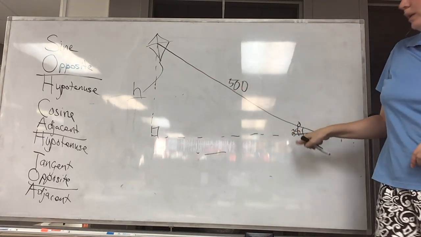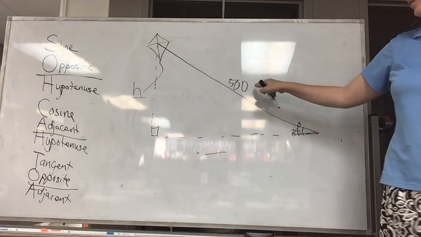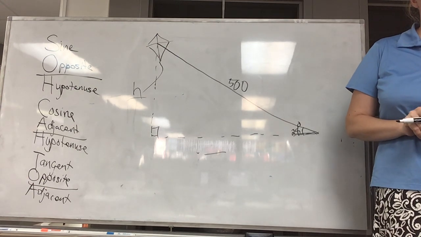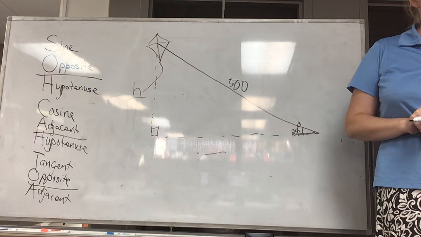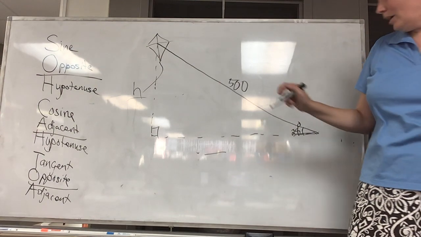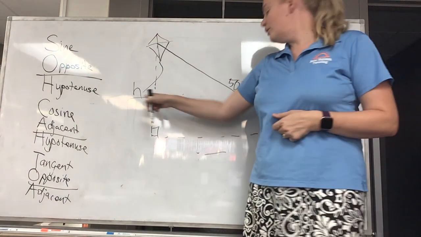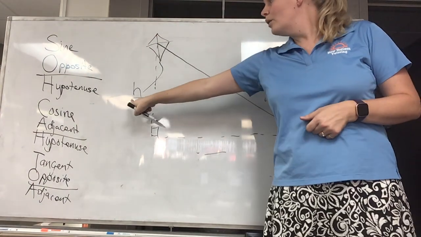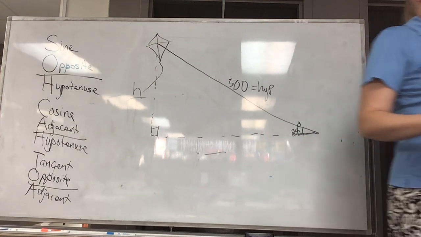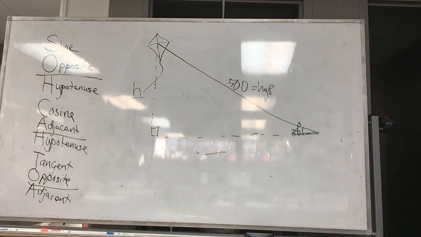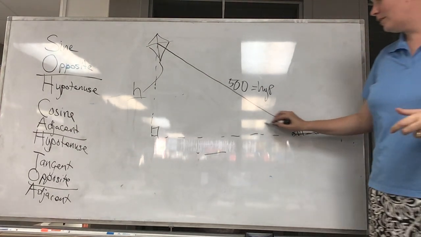So relative to 28, what's 500? Opposite, adjacent, or hypotenuse? Hypotenuse. And relative to 28, what is h? Opposite, adjacent, or hypotenuse? Opposite. It's across the triangle.